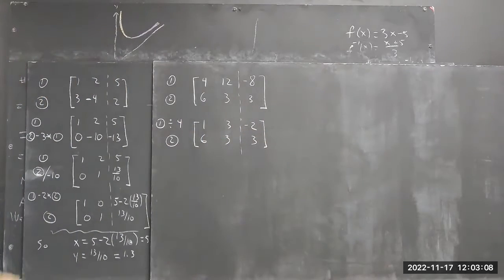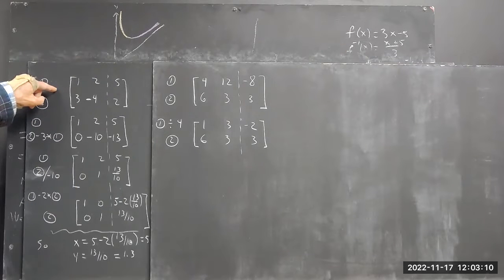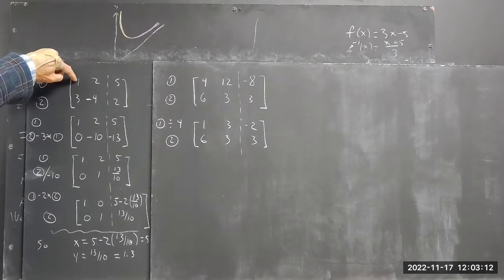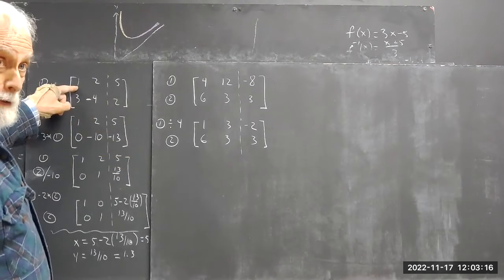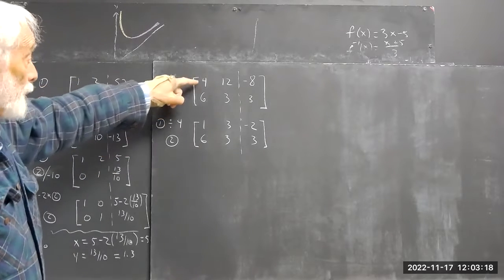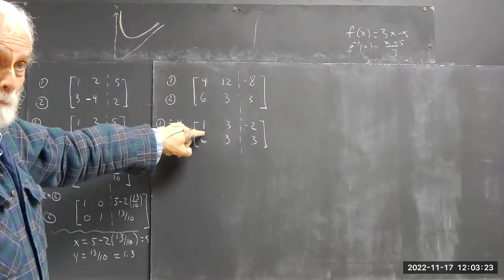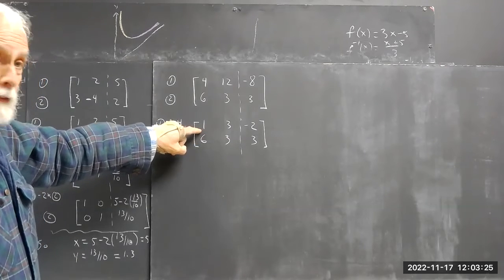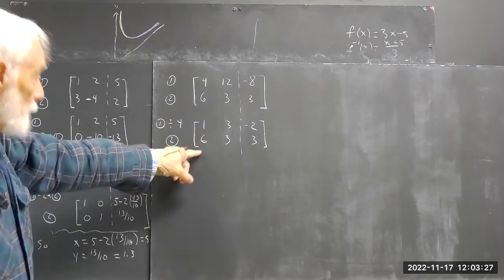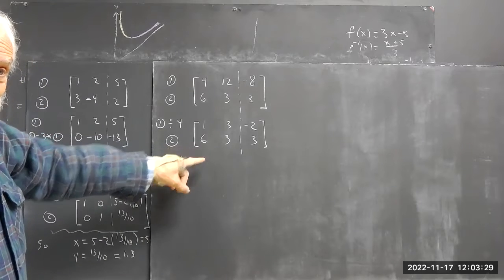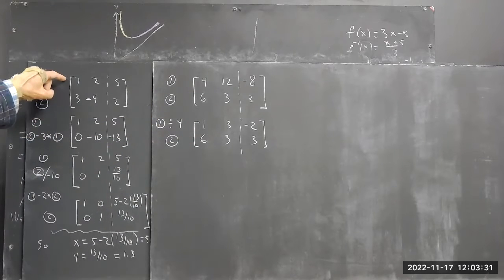Okay, if you look at where we started last time, we started with a 1 here. We want to start with a 1 here. So whatever this number is, we're going to divide the first equation by that number. Now we have a 1, so it's easy to figure out how to eliminate that 6. Because what did we do here? We had a 1 here.